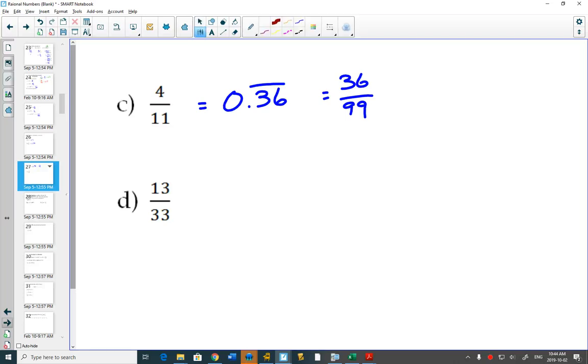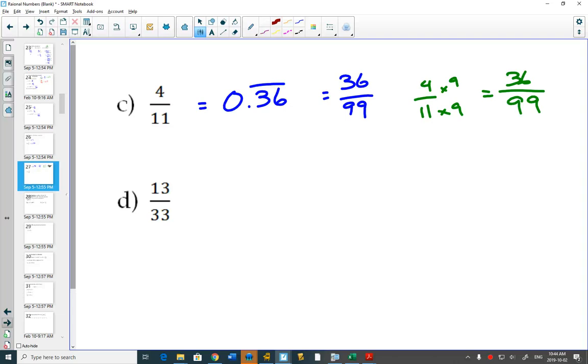I can take 4 out of 11, times this by 9, times this by 9. 99 on the bottom, 36 on the top. Ooh, 0.36 repeated. So then what about 13 out of 33?